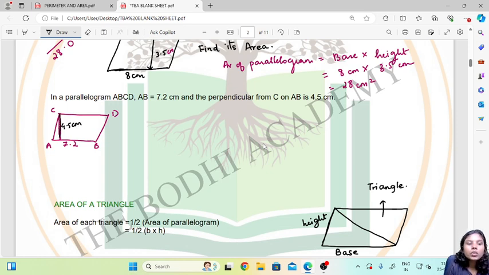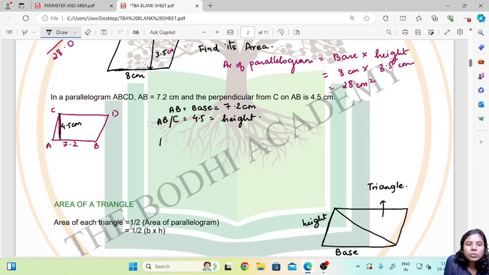Okay. So AB is our base, and that is 7.2 centimeter. Then we have a perpendicular coming from C going to AB. That length is 4.5 centimeter, and that is the height of the parallelogram.